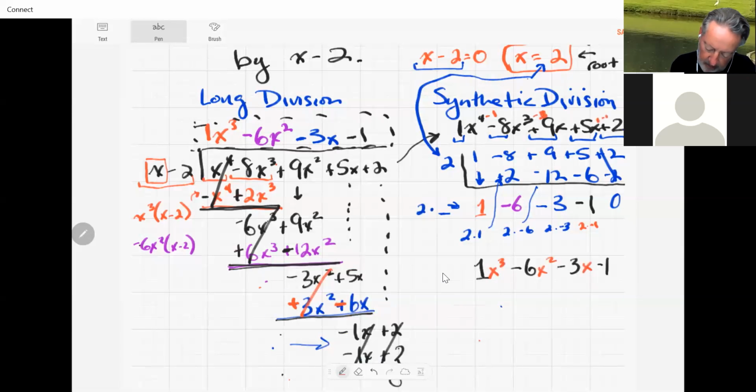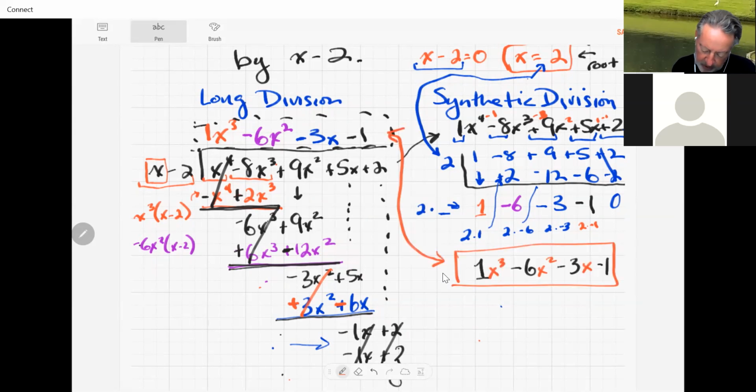So this is a square. And there's your answer. Notice that I got the same answer, so this answer and this answer right here match. And that is synthetic division.